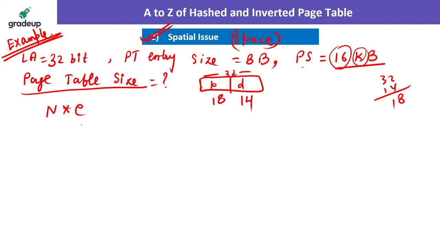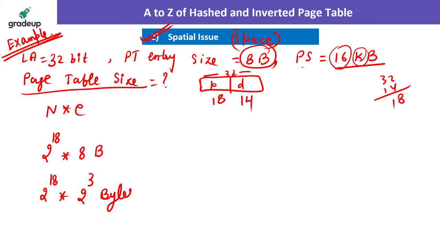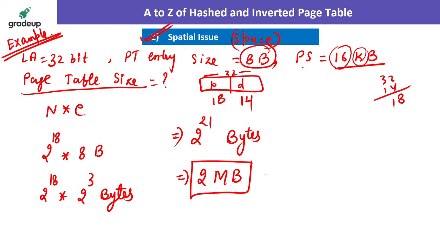Now the formula is 2 to the power 18 into E. E is 8 byte, so 2 to the power 18 into 2 to the power 3 bytes. Finally we got 2 to the power 21 bytes. This will be the page table size, that is 2 MB. So the page table size will be 2 MB.